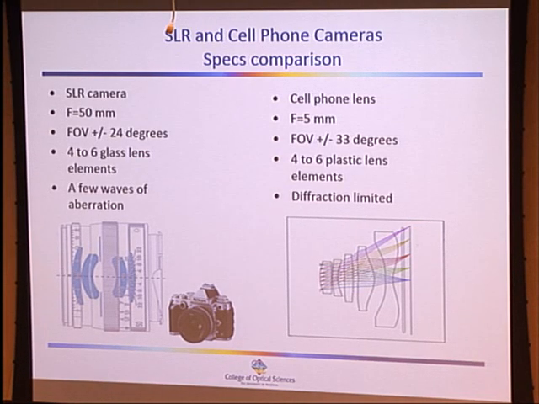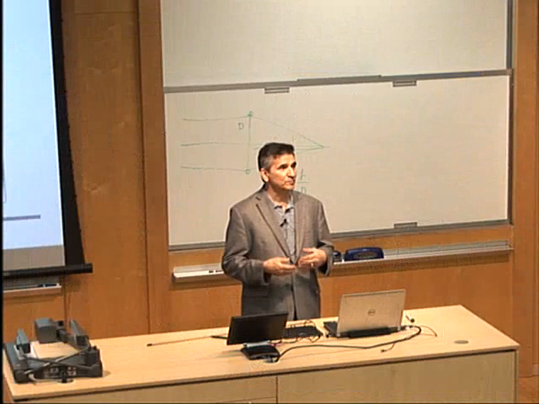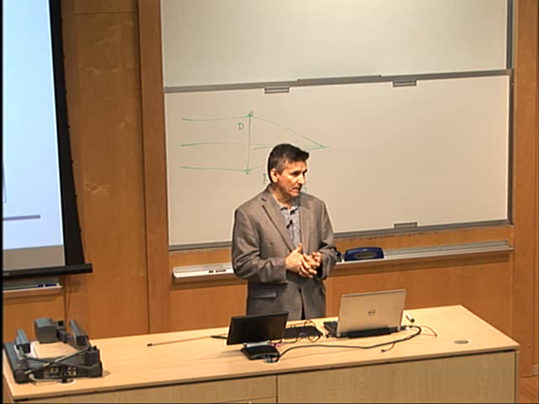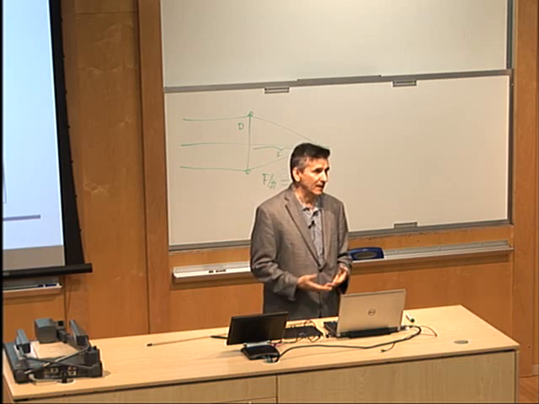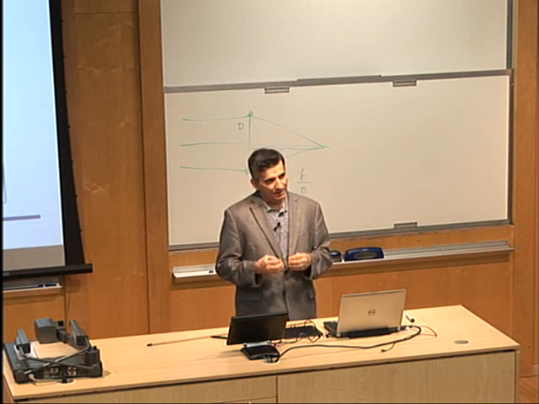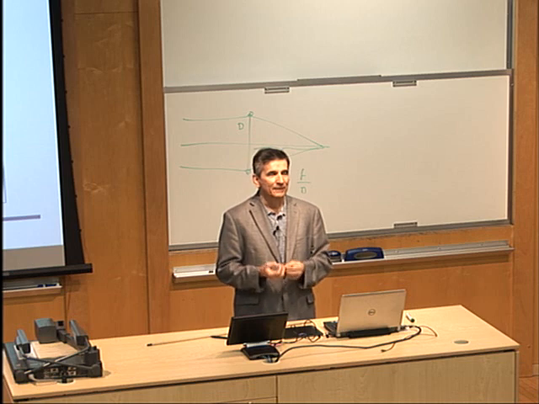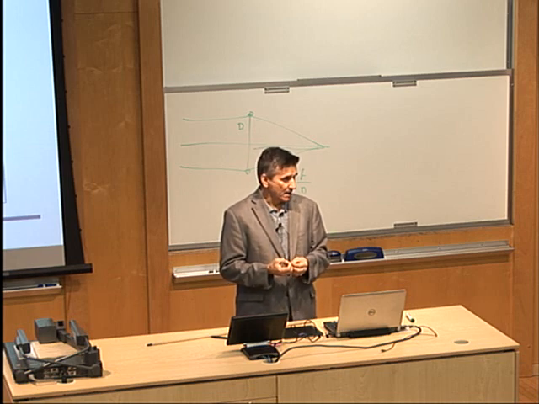That's a nice question. Why don't SLR cameras use plastic? Plastic has a much larger coefficient of thermal expansion and is more sensitive to humidity. So it's not as stable as glass. And that was a problem for the earlier cell phone lens manufacturers. They didn't believe that plastic would succeed.